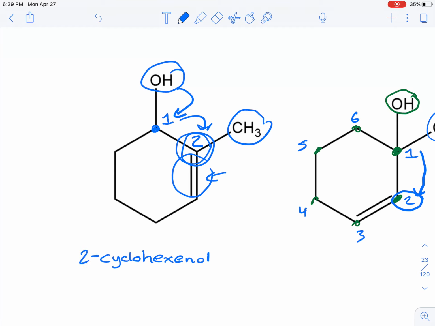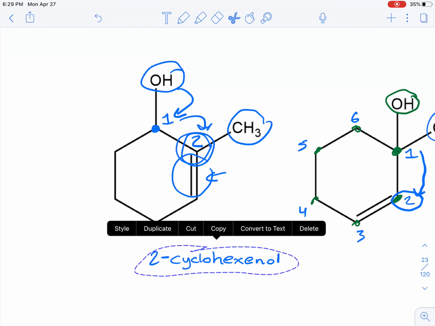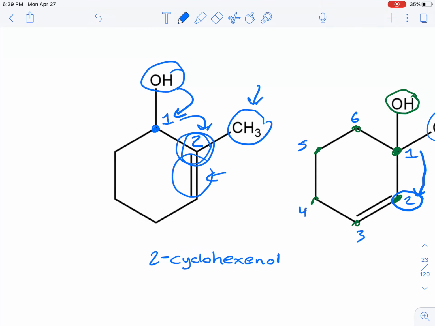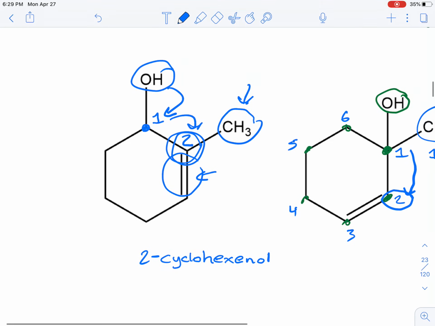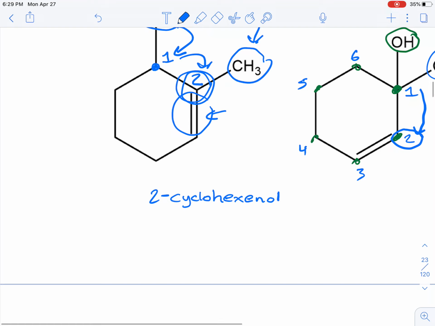So I'm going to put in 2-cyclohexenol. And so I need to describe my substituent, which is going to be 2-methyl. And so putting these pieces together, I have 2-methyl dash 2-cyclohexenol.